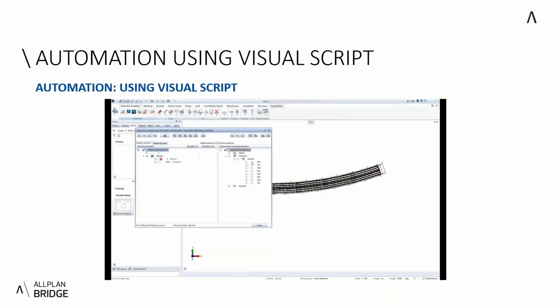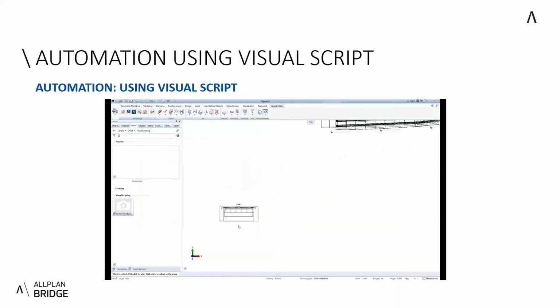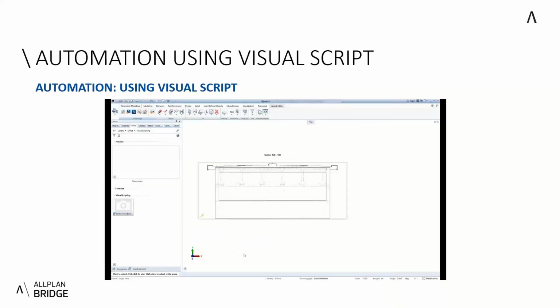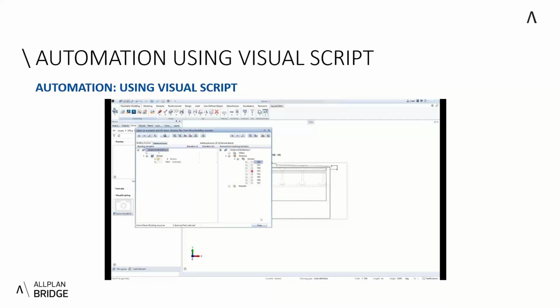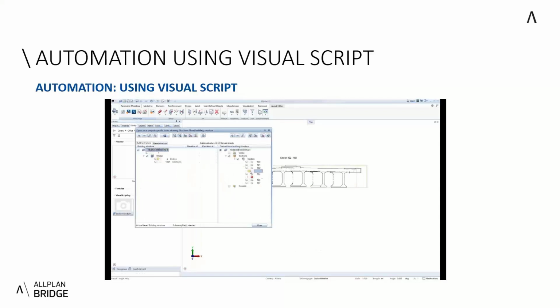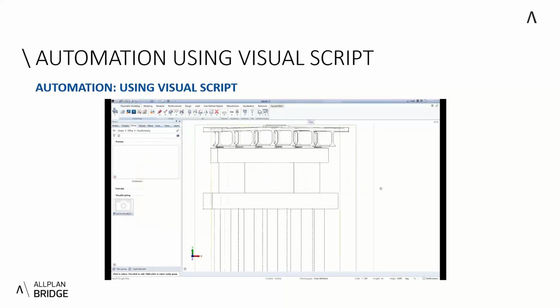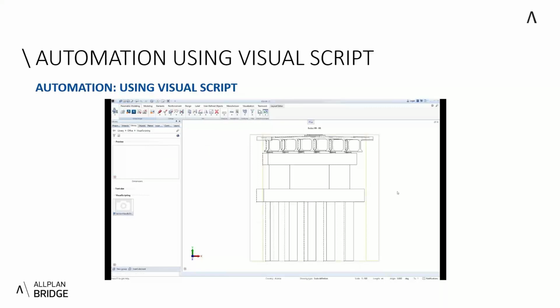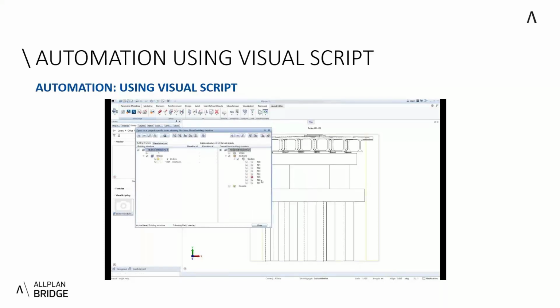And it doesn't stop at the creation of the section views, it also allows you to place them in the right drawing file. As you can see, I'm turning on and off different drawing files, and you can see I have different section views in the different locations of the bridge. So I was able to create 8 section views and place them in 8 different drawings with just one single script. That's the power of automation of tasks using Visual Script.